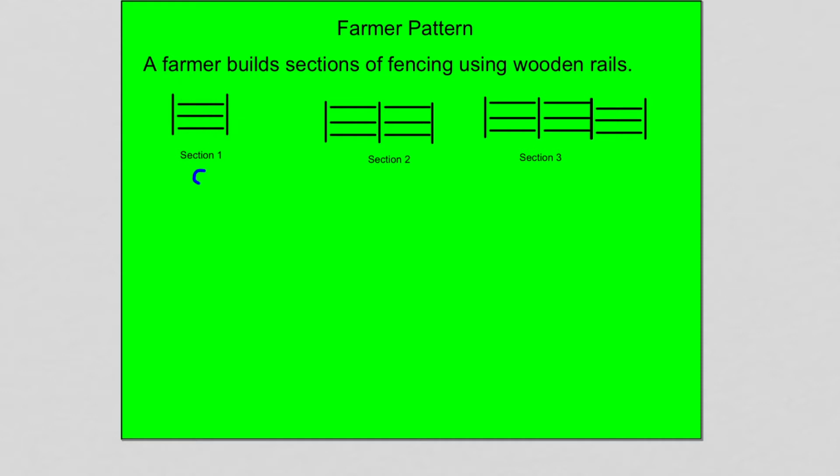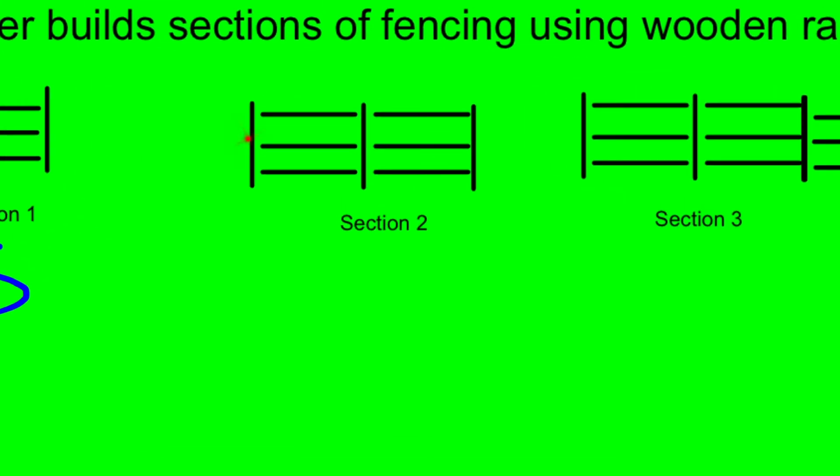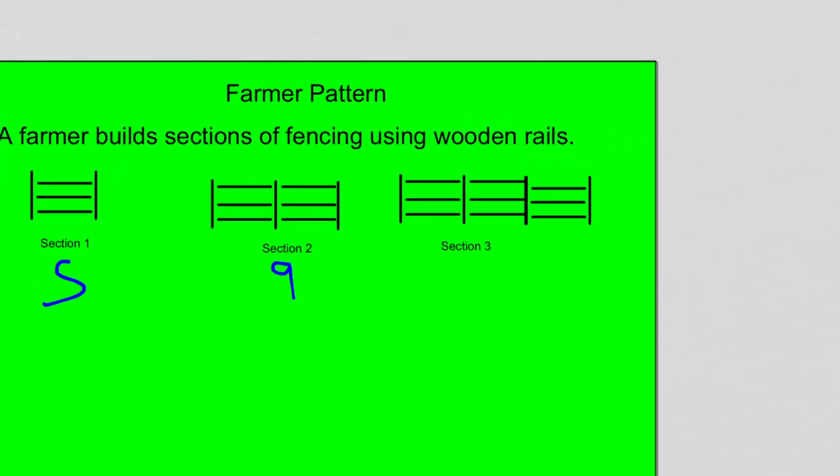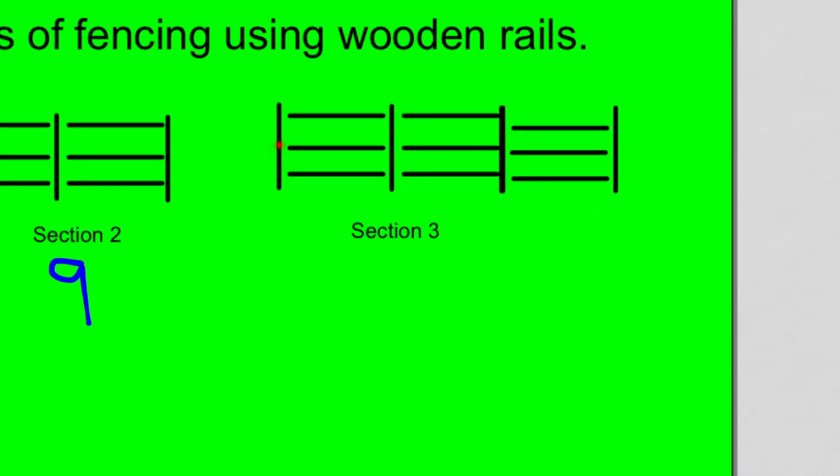And in the second section, there were 9 rails. And in the third section, there were 13 rails.